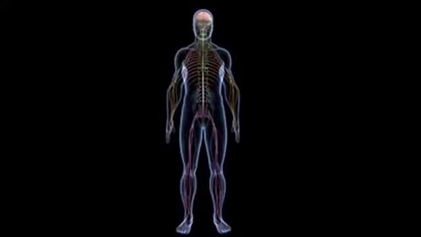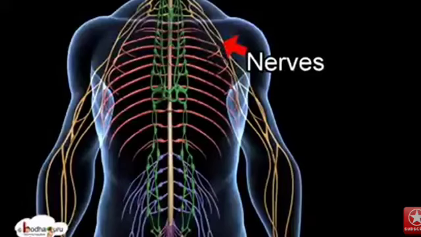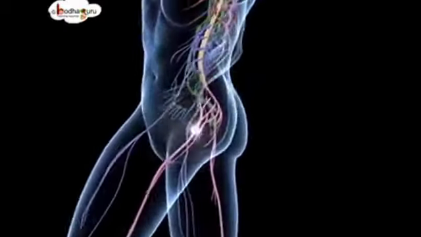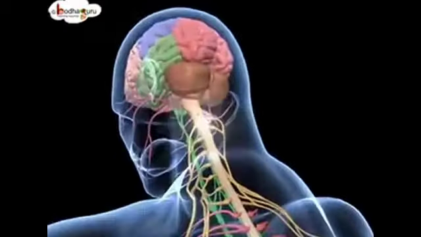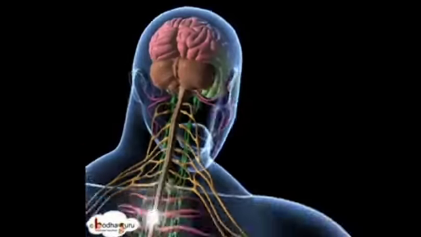Our nervous system is made up of the brain, the spinal cord, and the nerves. The brain receives messages from different parts of the body, and it gives orders to different parts of the body.